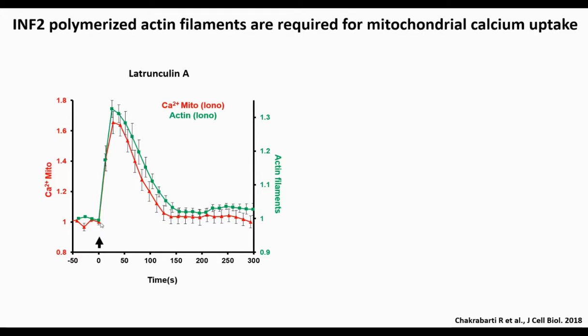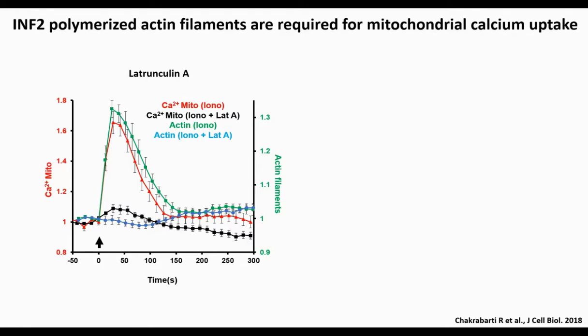But if we tease apart and image faster, you can see the difference between these two events. So we added this drug, and we could sequester the actin filament assembly in this blue curve. And what we also saw is that in these cells in which the actin filament assembly was hampered, the mitochondrial calcium uptake was severely hampered.